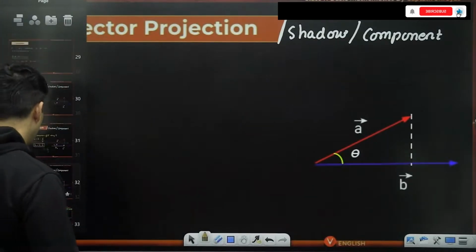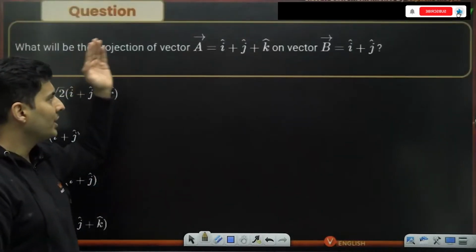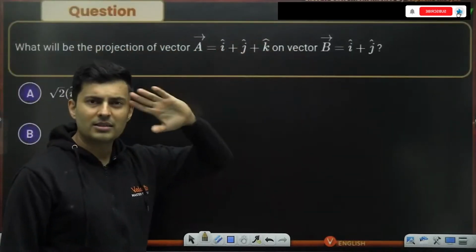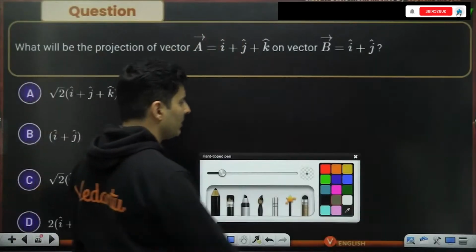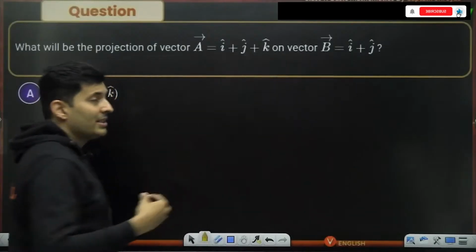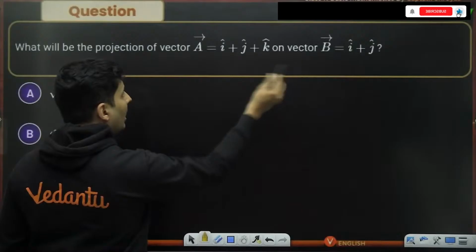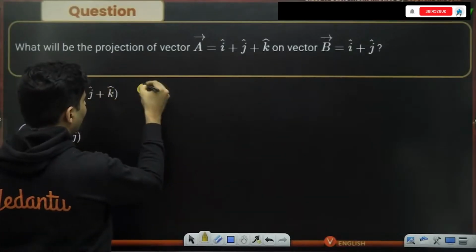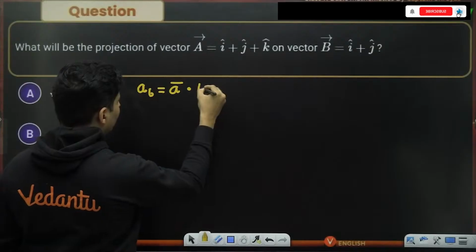Let me give you an example of this particular thing. Find the projection of this along this, which is a random direction, and this was asked in JEE a couple of years back. To find that out, I will first say whose component I need along whose. Projection of A along B means I want to find A of B, which is A bar dot B hat.